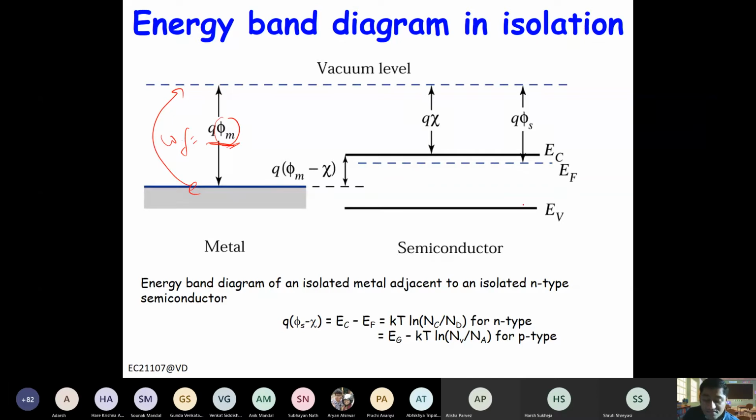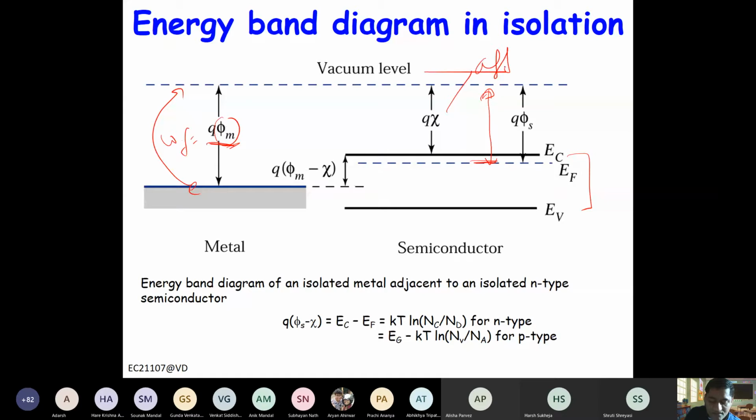Similarly, for semiconductor, we can again define Q phi s, because from the Fermi level to vacuum is the energy required to eject an electron. But since this is a semiconductor, there are no electrons here. So we define another quantity called electron affinity.